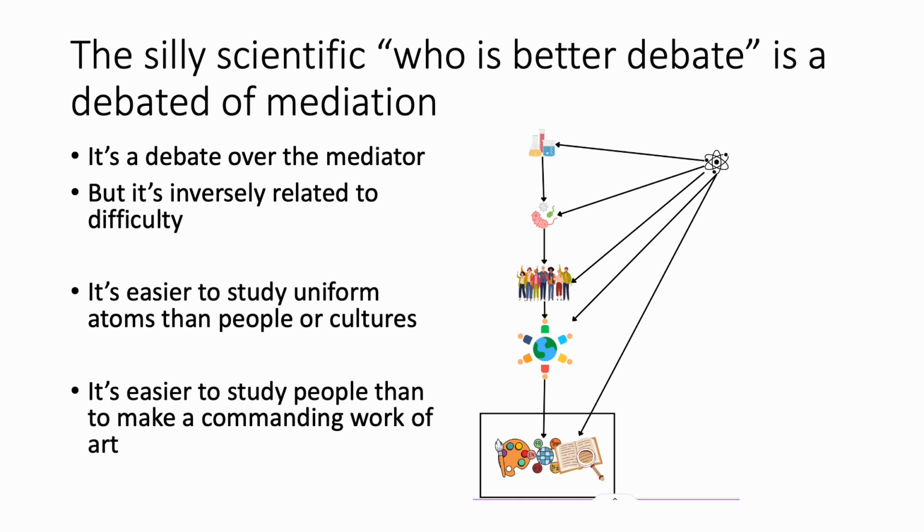If you think about this, this follows mediation. It requires atoms to make chemicals and compounds, which in turn are required to make cells, which in turn make people, which in turn make cultures, which in turn produce arts and humanities. Atoms are mediators of everything because everything is made of atoms, which is why many folks believe that physics is the only necessary science.